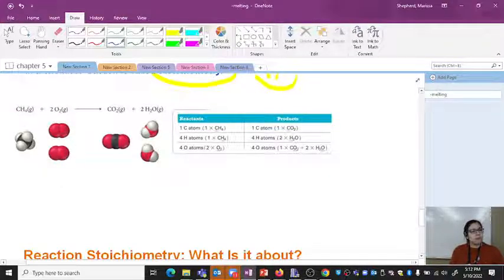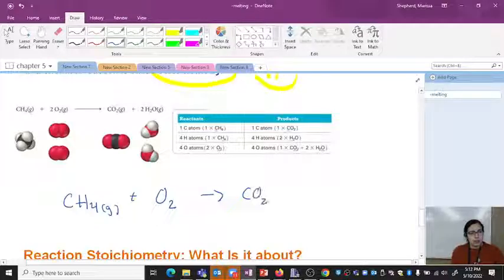You would have to know what a combustion reaction is, what the products are going to be, and how to write everything. So you start off by writing out the appropriate formulas for all our substances: methane plus oxygen gives us carbon dioxide plus water.